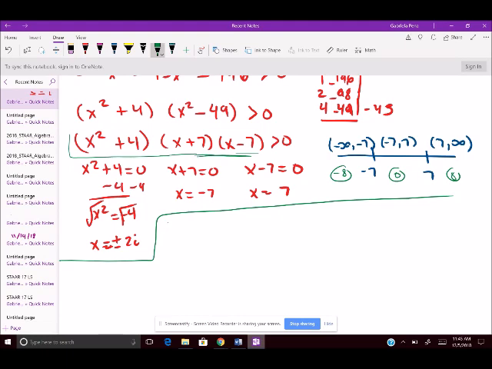So if I have negative 8 squared plus 4, negative 8 plus 7, and negative 8 minus 7, is that greater than or equal to 0? Once again, you have your calculators if we need to use them. What's negative 8 squared plus 4? 68, right? And then negative 8 plus 7?